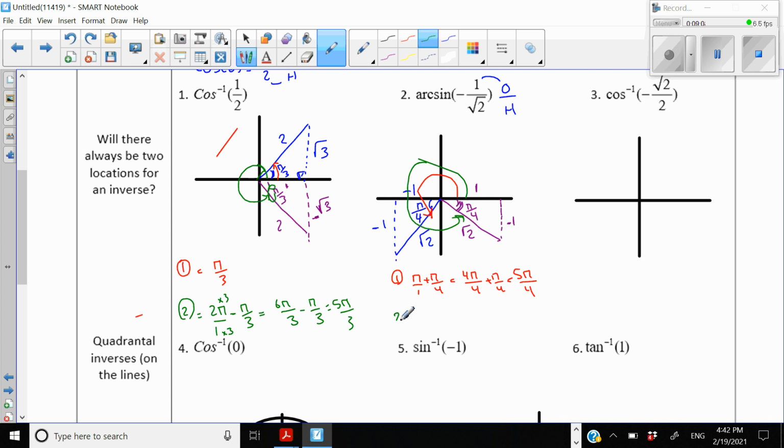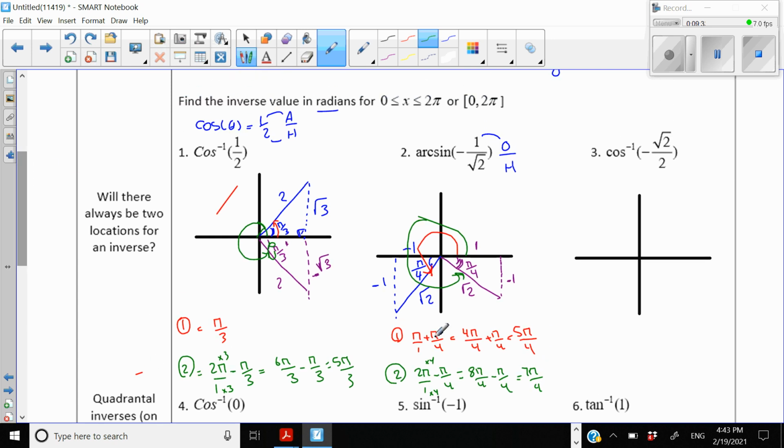The easiest way is take the full circle and subtract pi over 4 from that. So it's 2 pi minus pi over 4. Again, set the denominator of 1, multiply top and the bottom by 4. It's 8 pi over 4 minus pi over 4, which is 7 pi over 4. So these are the two answers.